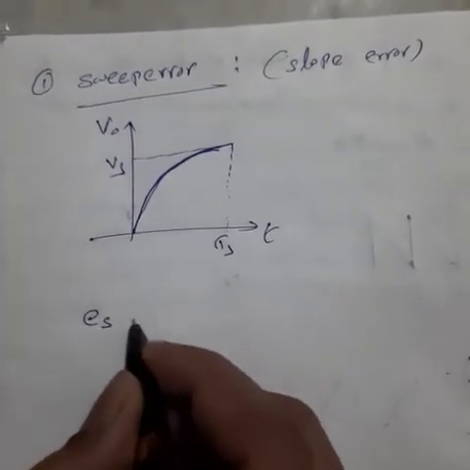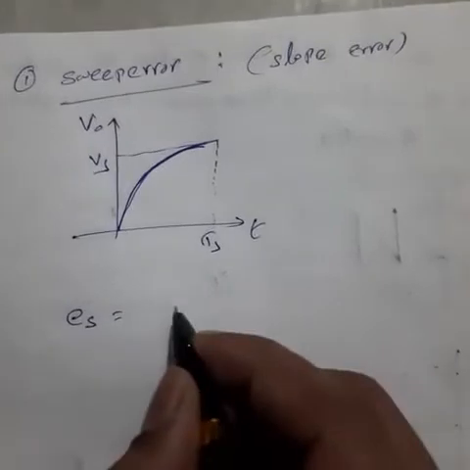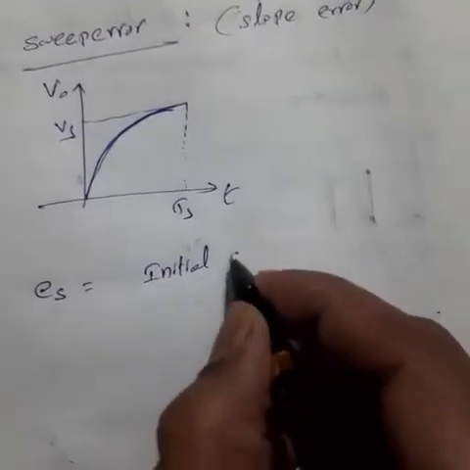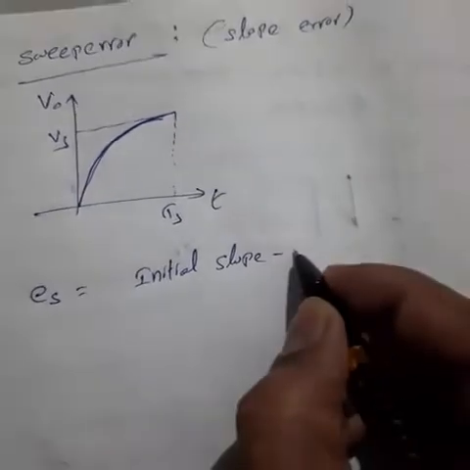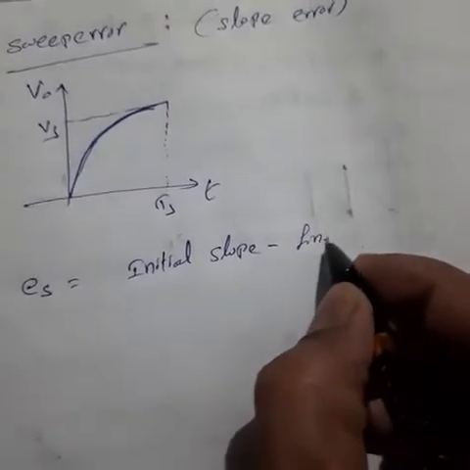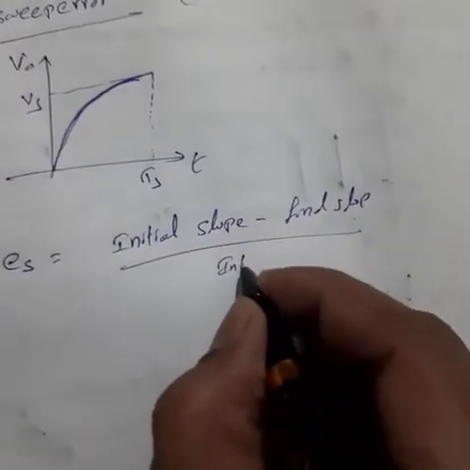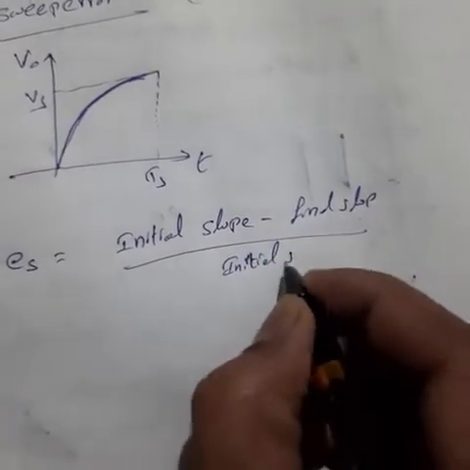We can write it as Es. Slope error equals initial slope minus final slope, divided by initial slope.